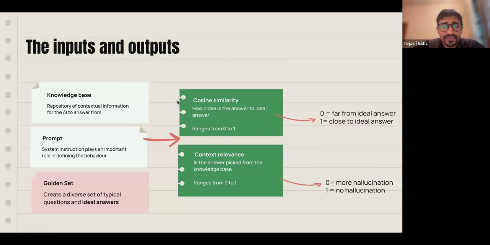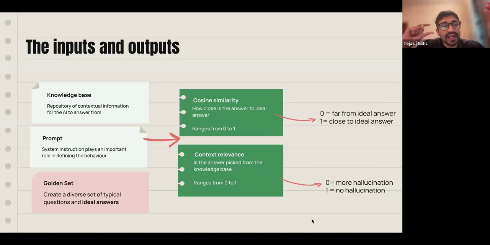Essentially, when we see these results, it is a way for us to figure out what to change. If the context relevance is getting lower and lower, then maybe we should think about increasing the scope of the knowledge base, or put better guardrails on the AI to not answer those specific questions.